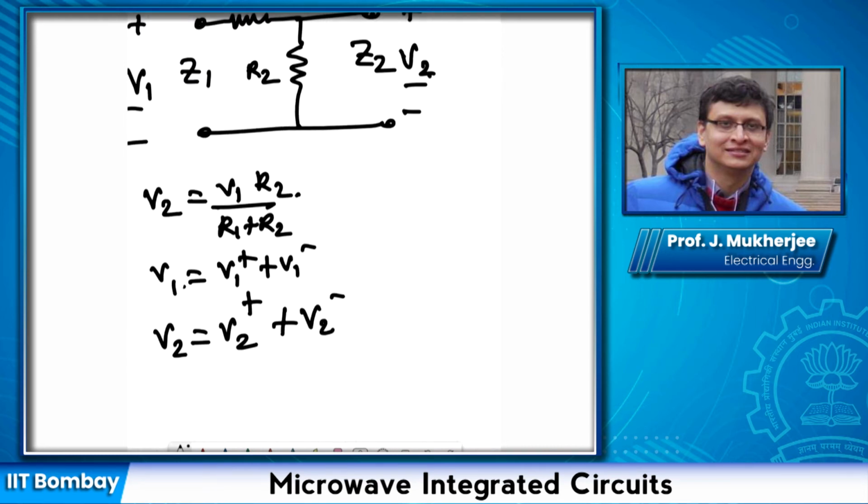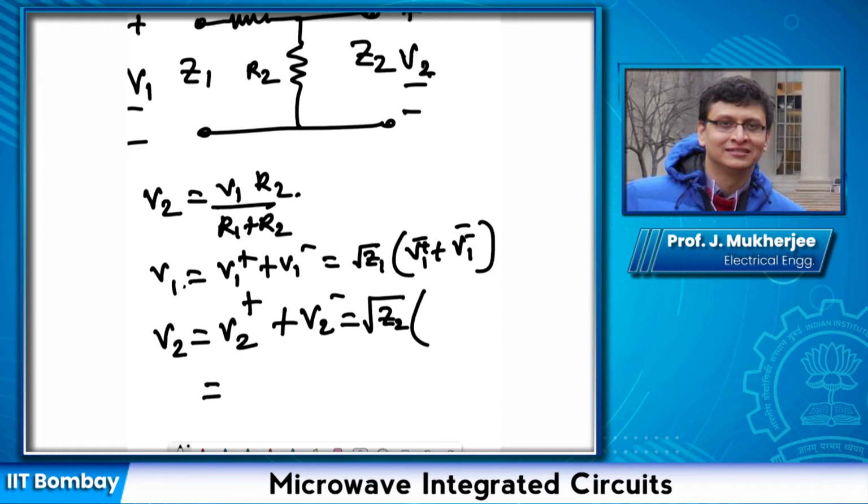Now in terms of normalized voltages, I can write this as Z1 into V1 bar plus V1 minus bar, and this is equal to Z2 V2 plus V1 minus bar.